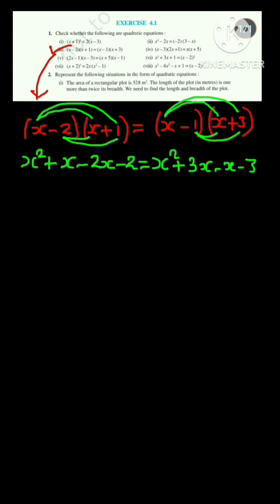Now let's arrange. This plus x square comes to LHS and becomes minus x square, and here plus x and minus 2x. After subtracting we obtain minus x, and here also plus 3x minus x.